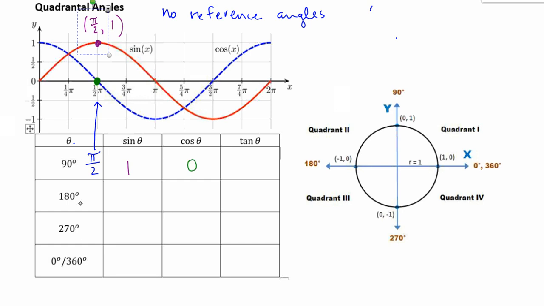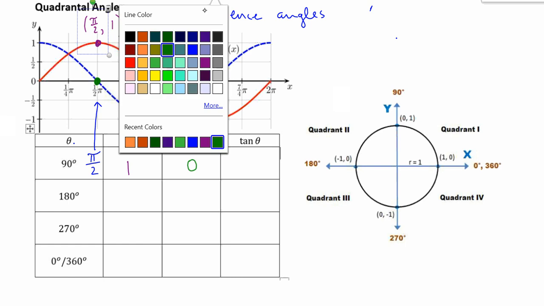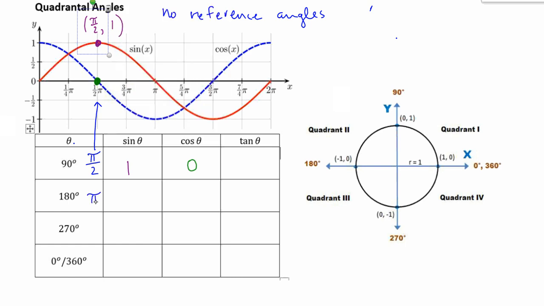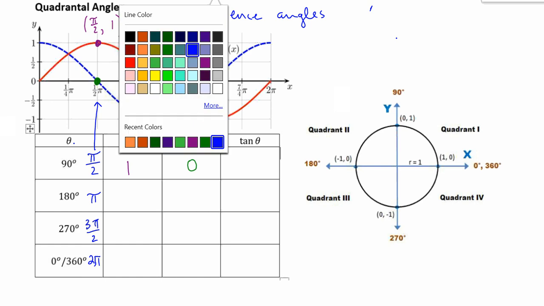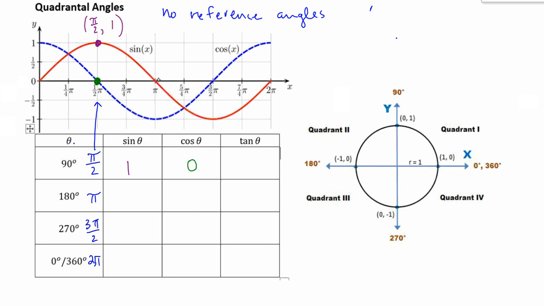Okay, let's look at 180. 180 is the same thing as pi. This guy down here is 3 pi over 2. This one is 0 or 2 pi. Let's look at the sine graph, the red one, at pi, is that point right there.